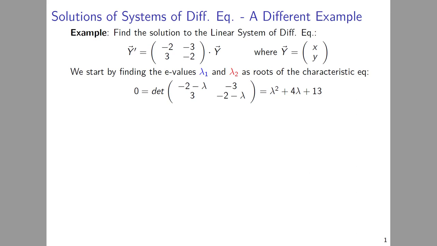So this is the determinant of [[-2 - λ, -3], [3, -2 - λ]], which comes to λ² + 4λ + 13.